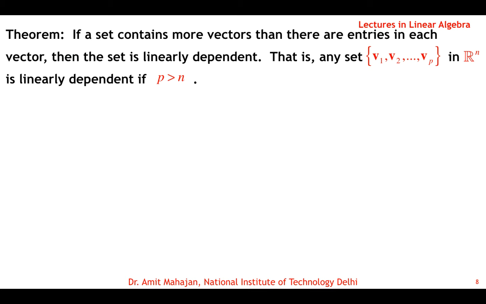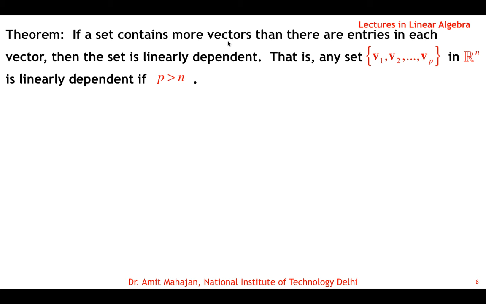Now we take one more small result here: if a set contains more vectors than there are entries in each vector, then the set is linearly dependent. So say you have three vectors in R2.